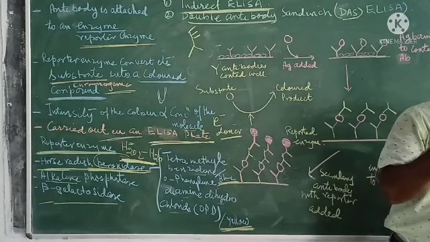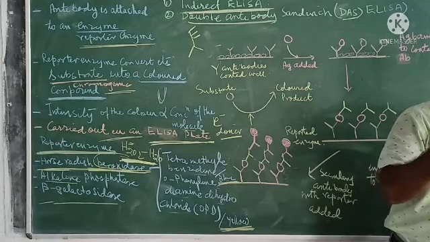By detecting the antibody, we can diagnose the infection of either HIV or HBV. That is why it is known as indirect ELISA, because it is a process of indirect detection of the infection of either HIV or HBV. So, what is the process?